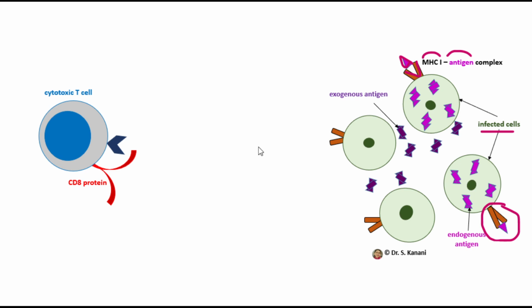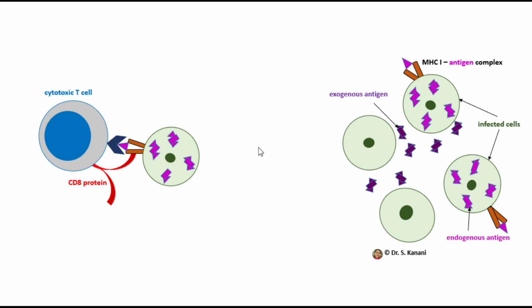So now it is not surprising that in the next image I can see an infected cell that is presenting its MHC-I antigen complex to the cytotoxic T cell. Cytotoxic T cell, using its antigen receptor, reads this MHC-I antigen complex. CD8 protein helps the cytotoxic T cell to interact with the infected cell and read the MHC-I antigen complex.